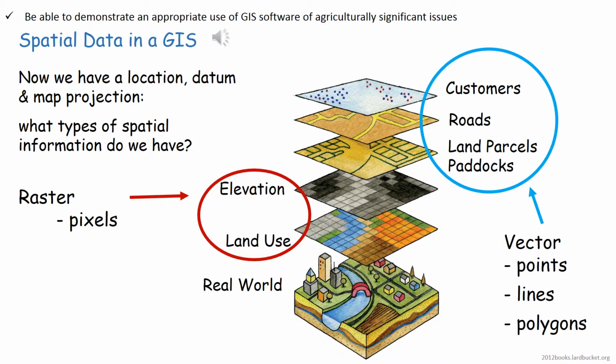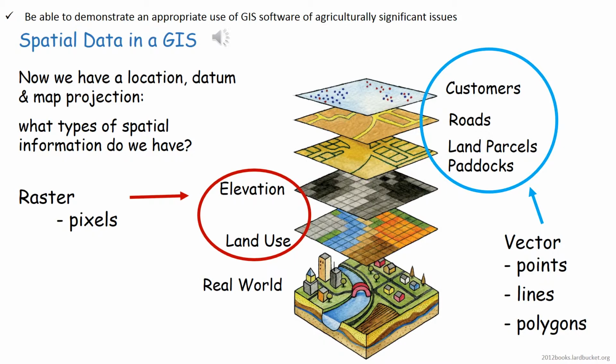So a polygon is an enclosed area. If you were to map your paddock boundary and basically not shut the gate or not join the points where the gate is or the lines, you would have an open area where the lines do not join to make an enclosed space, and that would be line data.